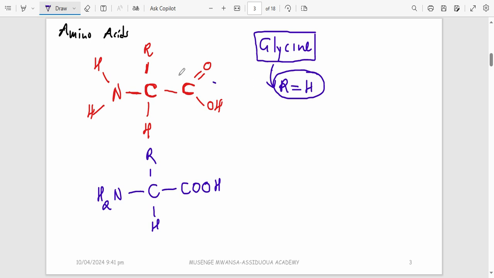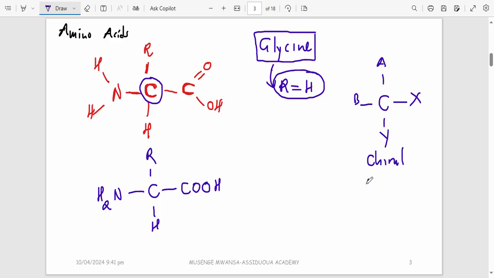Okay, good. Now, remember we are saying that this carbon in the middle is supposed to be bonded to four different things. So for glycine, it's not going to be bonded to four different things. When you have a carbon bonded to four different things, to A, to X, to B, and to Y, four different things, we call this carbon a chiral carbon.